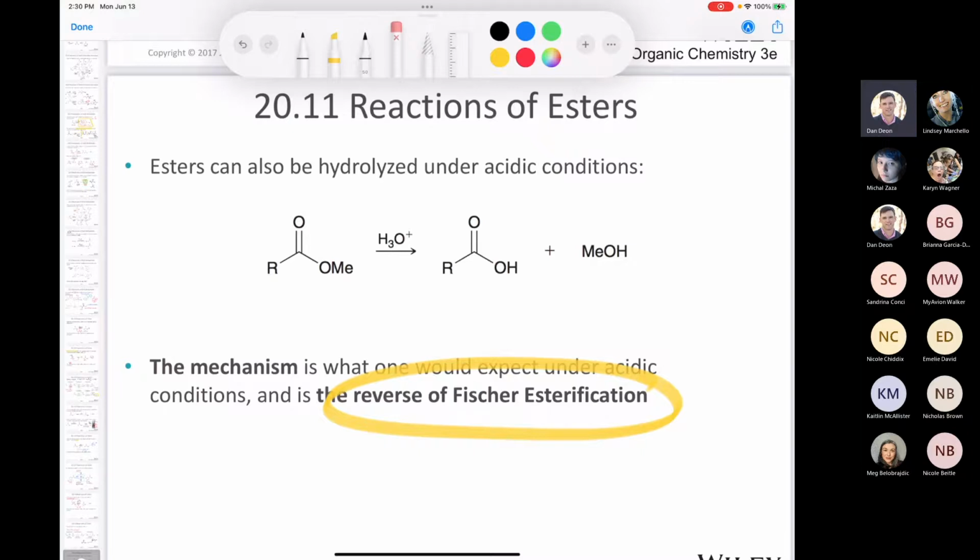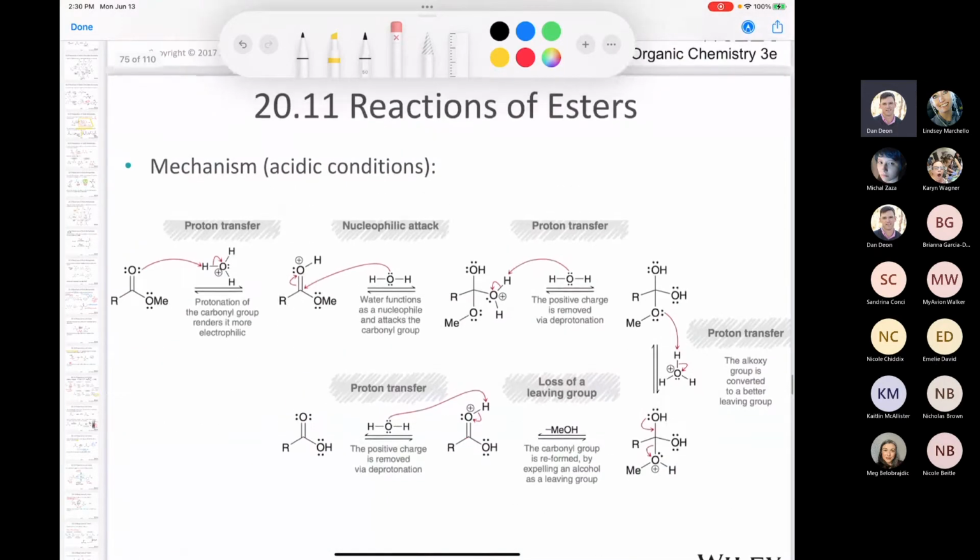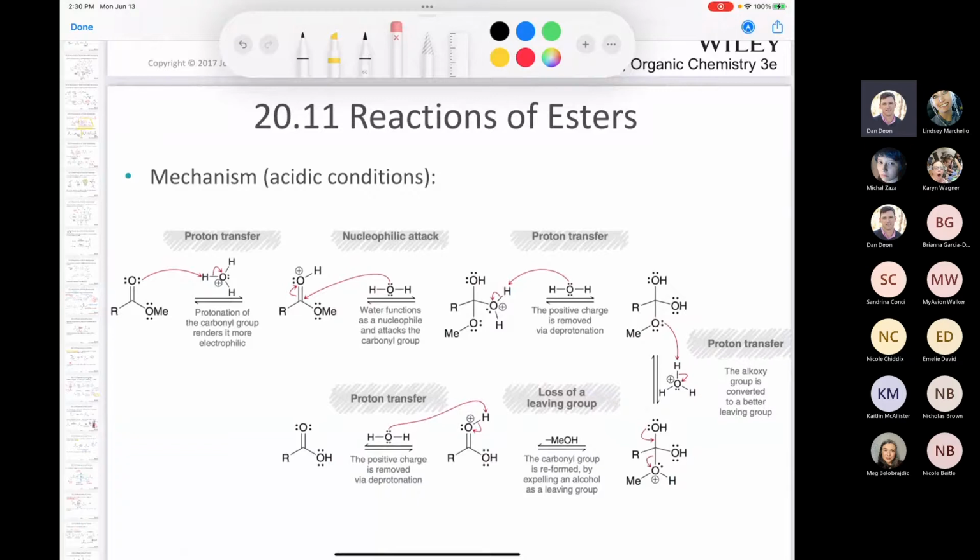All right, so let's take a look at the mechanism. Again, it's just the reverse of what we looked at. Think about it. When we were doing Fischer esterification, what was the first step? It was the protonation of the carbonyl to make an oxonium. So now we're in aqueous acid. We protonate the carbonyl to make an oxonium, and now water is going to come in as our nucleophile.